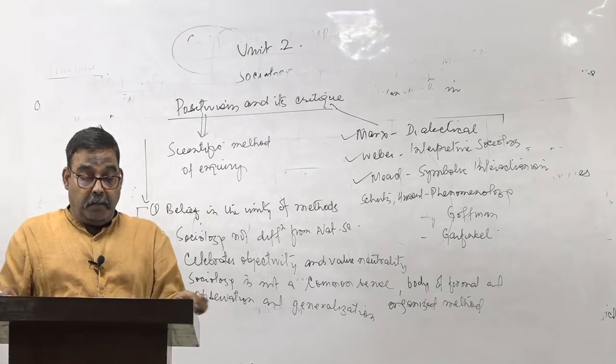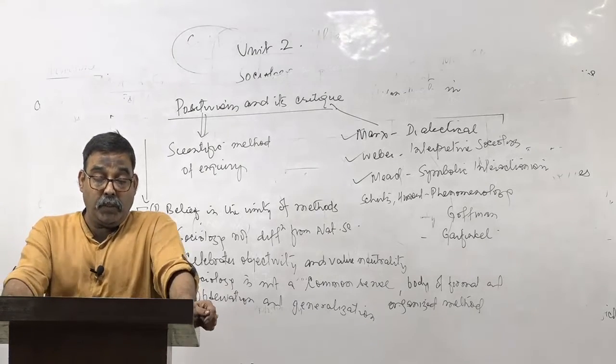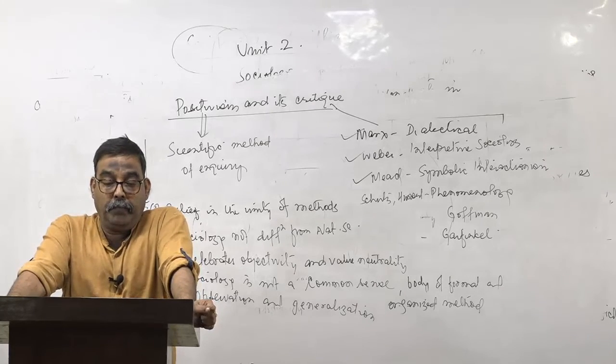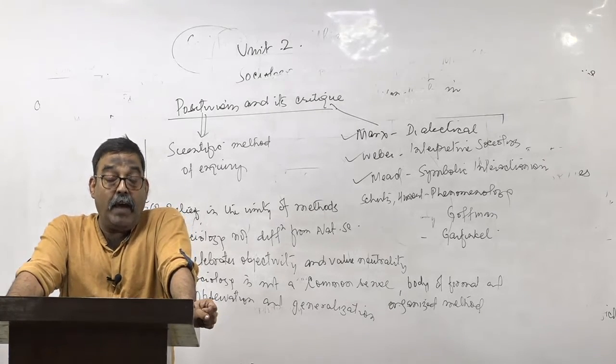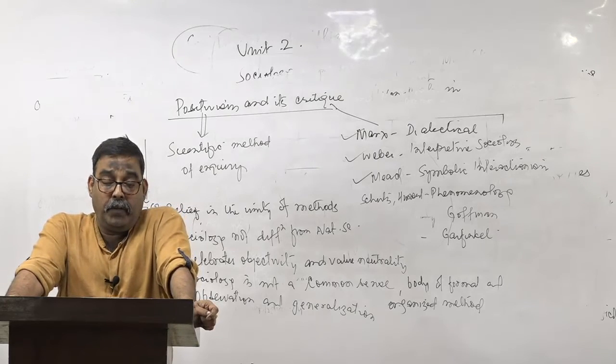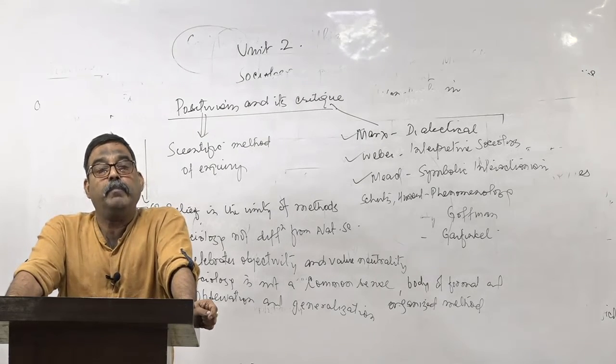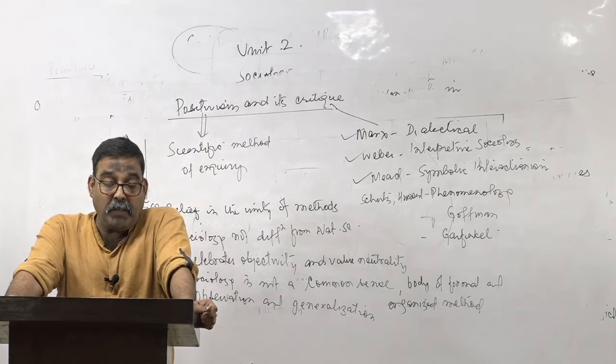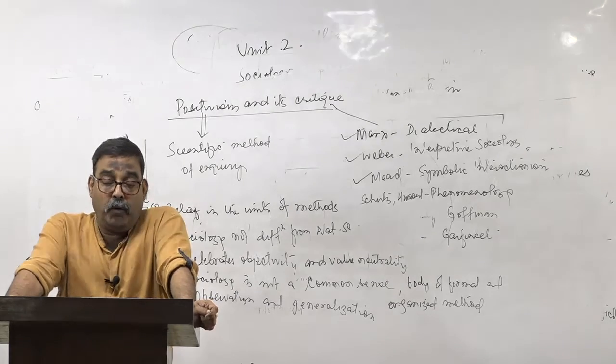Now when you are looking at the symbolic interactionists, they viewed society as a product of interaction, and analyzed the actor as having a self, an active self, within which the work of G.S. Mead became significant. Even the phenomenologists argue that it is impossible to measure objectively any aspect of human behavior.